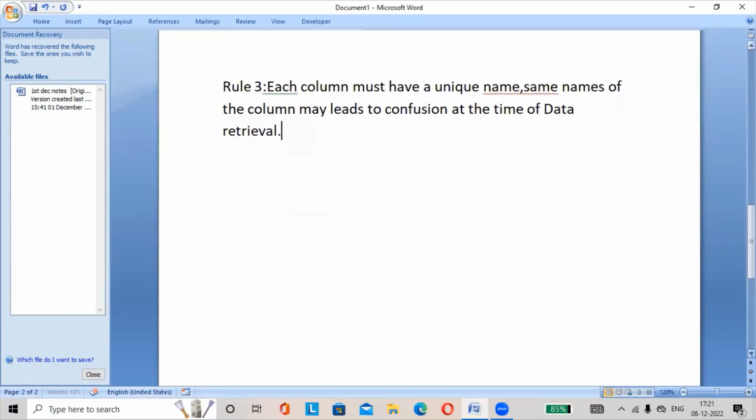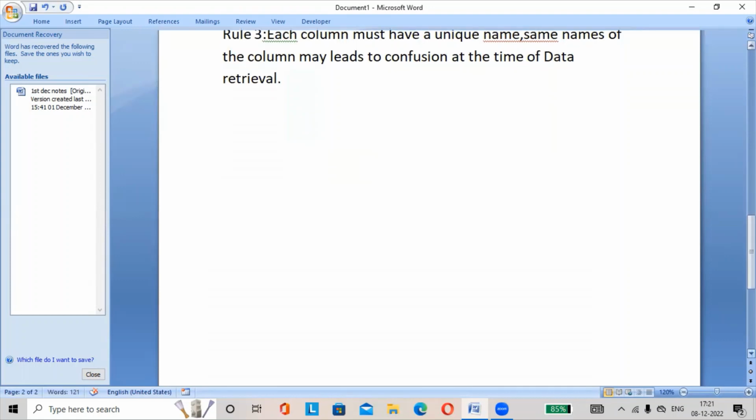Okay, what is rule number 4, ma'am? Rule number 4 states that in whichever order you may store the data, it does not matter.